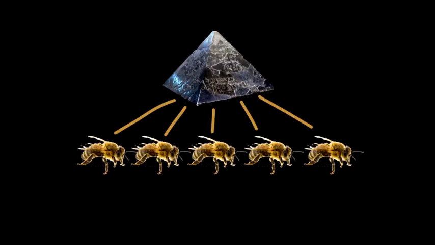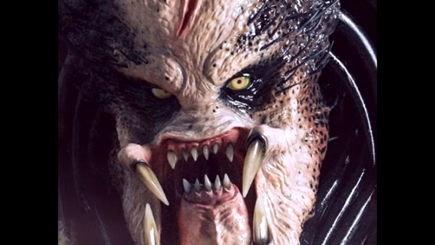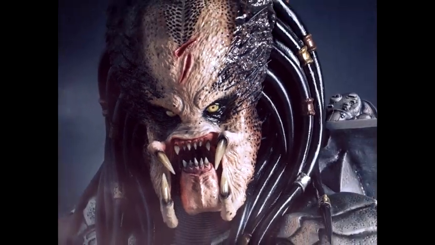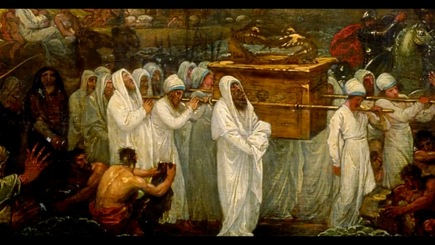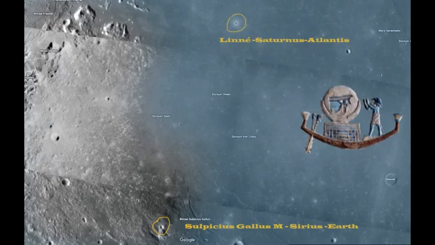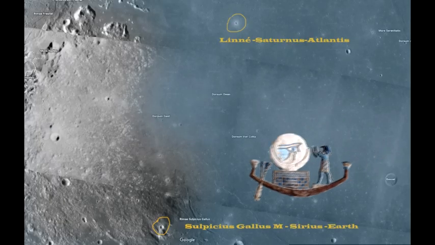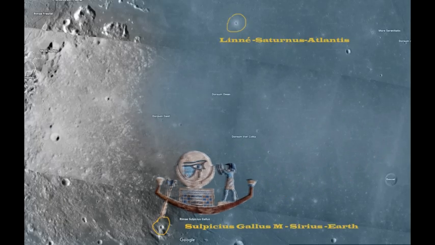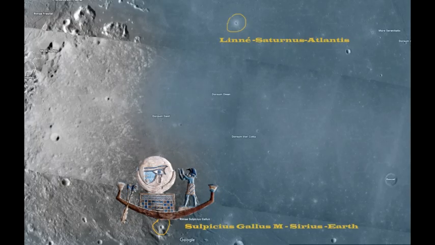So you have the crystal. Under that you have the hive mind Ashkenazi worker bees, and they are definitely not human. And they are carrying the box of Pandora all over our planet, from crater to crater, playing the poor refugees on the run for the flood.